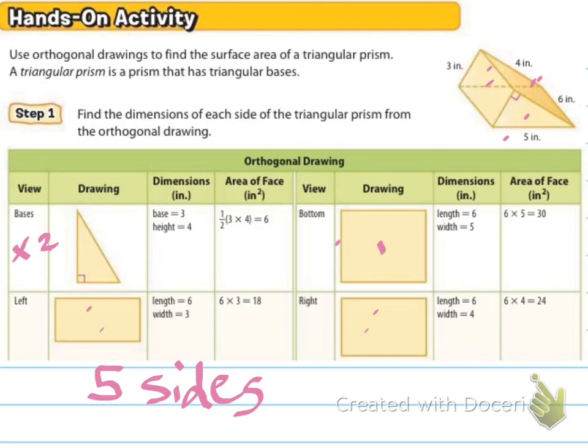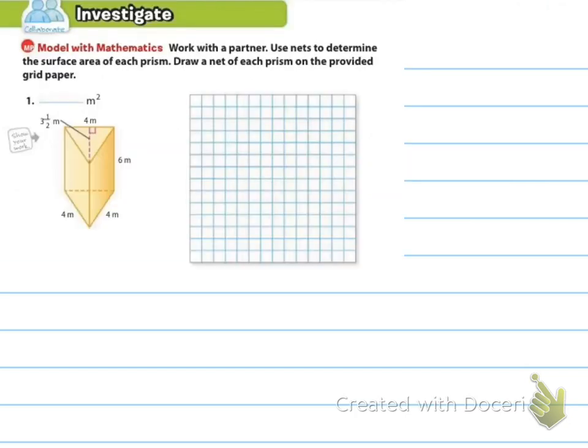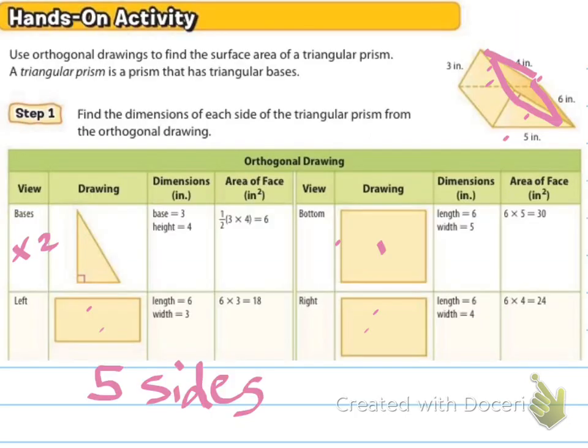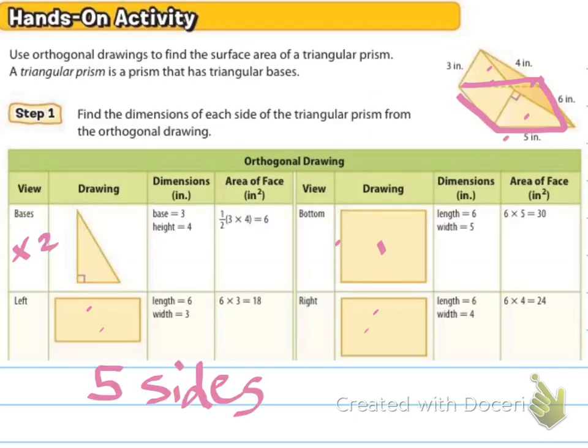Then I'm going to do our 4 by 6 rectangle, and oops, that's just one. Then the other side, the bottom here, we have 5 by 6. So 5 by 6.